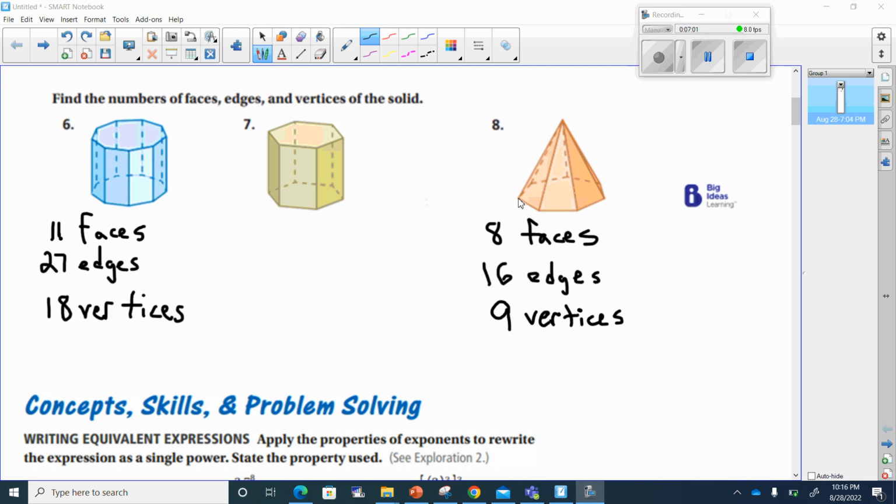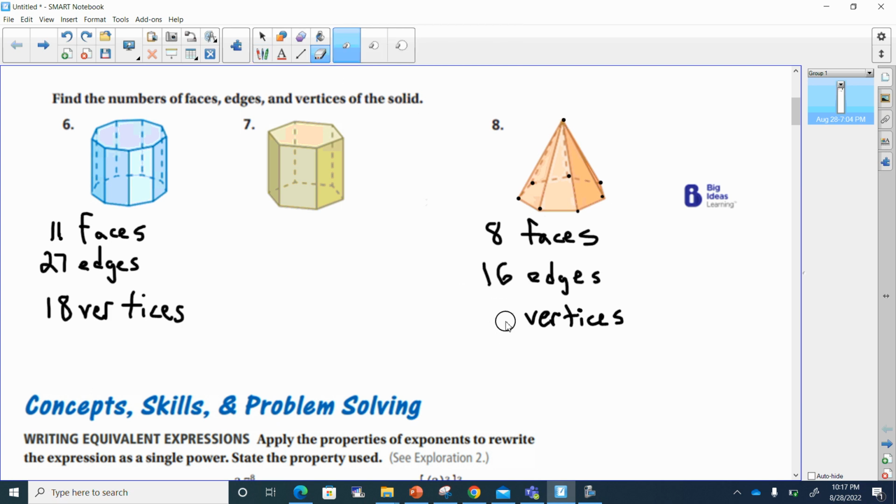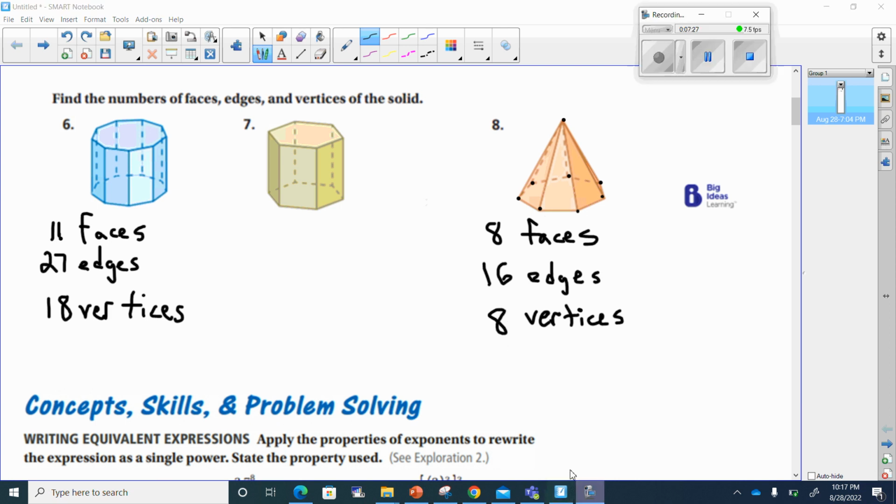This would be 1, 2, 3, 4, 5, 6, 7. Ooh, I made a little error there. There's 7 on the bottom, 1 on top. That's going to make this 8, not 9. I thought with 8 faces, it'd be 8 vertices. Turned out there was just 7 of them there. So this is going to be 8 vertices.